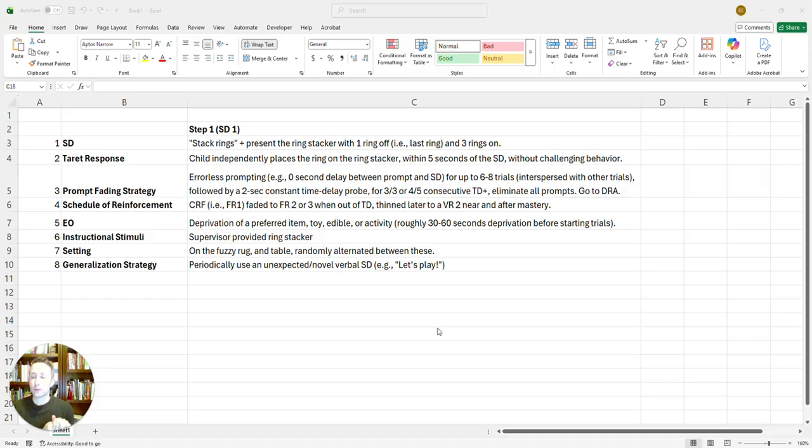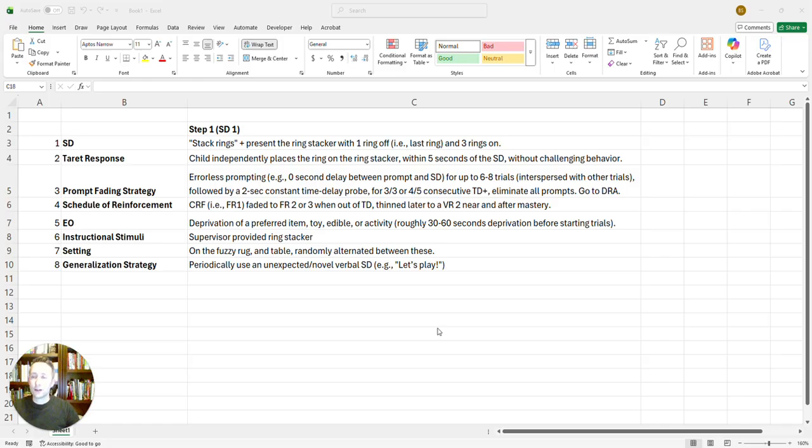Reinforcement is going to be negatively correlated with the absence of those stimuli in the learner's environment. This describes differential reinforcement. As a result of a history of differential reinforcement, prompting, and prompt fading, this procedure will alter the combination of "stack rings" plus the ring stacker presented with one ring off. It will alter that antecedent stimulus to become an SD, to now have an evocative effect on the target response as written there.